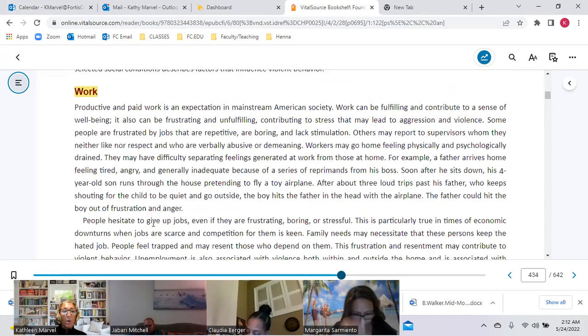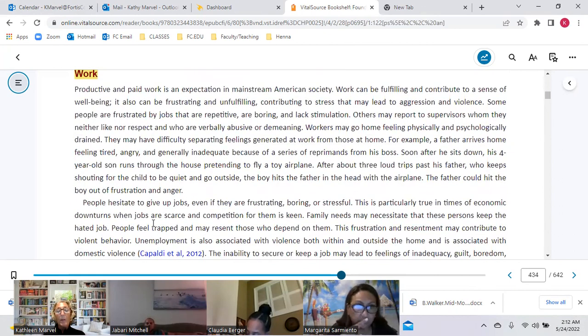The first social factor is work. When we think of work, we think of workplace violence. What causes workplace violence? Maybe people are frustrated with their job. They don't get the promotion. They don't get the raise. They have issues with their coworkers. I mean, how many times do we see it on the news all the time?